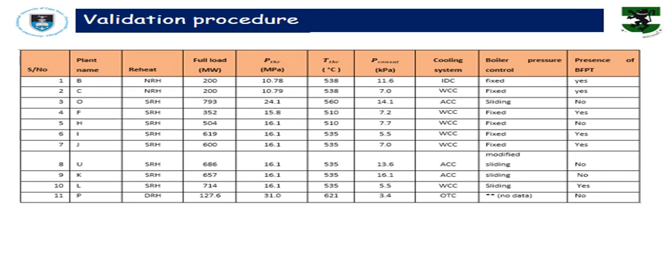Now, the methodology that has been presented so far was validated using data from 11 different power plants that are situated in South Africa. The key process parameters that were taken from the power plants are the throttle pressure, represented as PTHR, the throttle temperature, the condensing temperature, and the cooling technology, which you can see highlighted in this particular region.